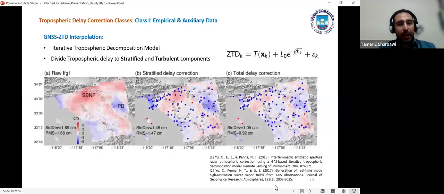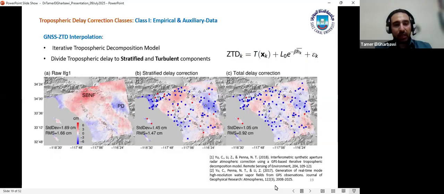And we have another process, the iterative tropospheric decomposition model, which is the baseline of the service called GACOS for correcting the atmospheric delay. It uses the observed delay at the GNSS stations to fit a model. This model is a power model for the stratified delay and a turbulent model that will be interpolated directly.